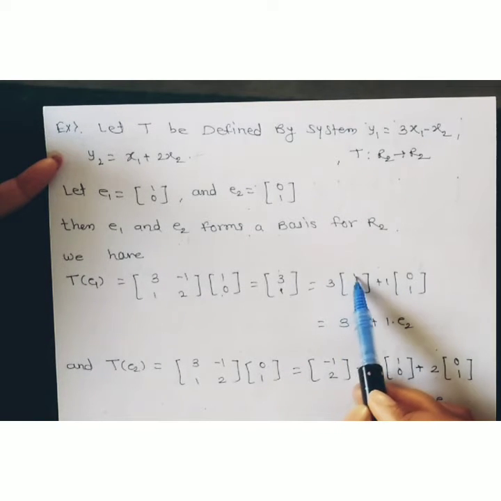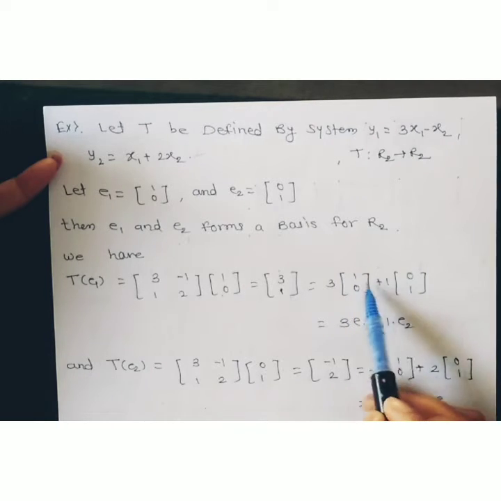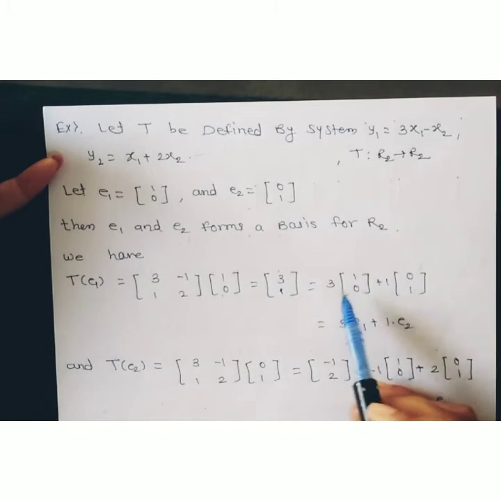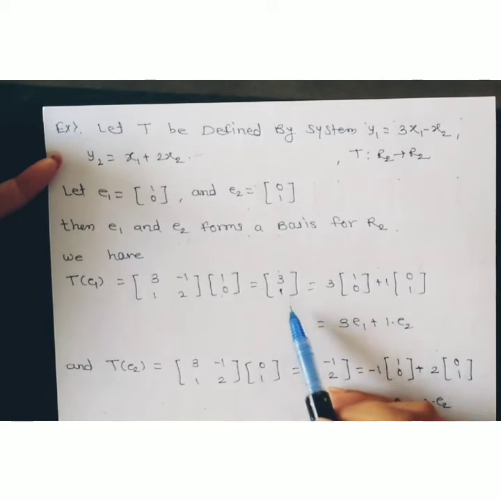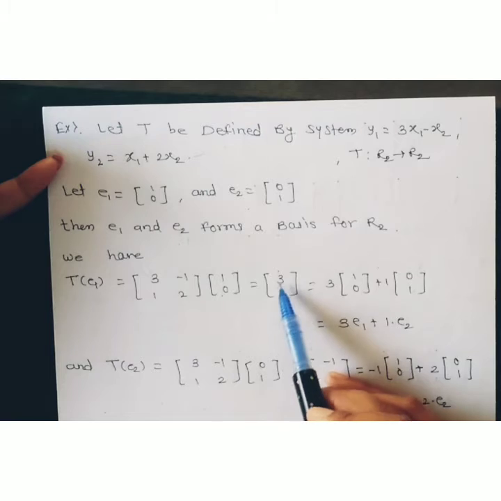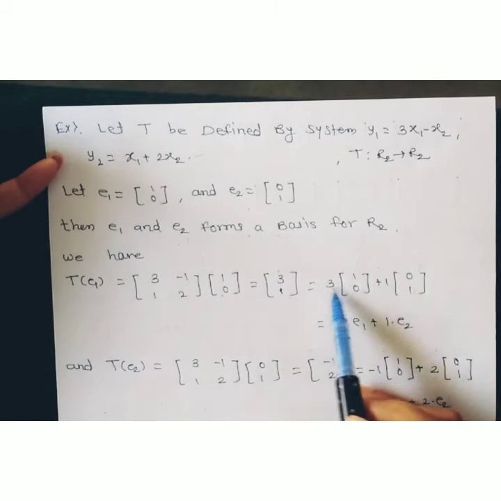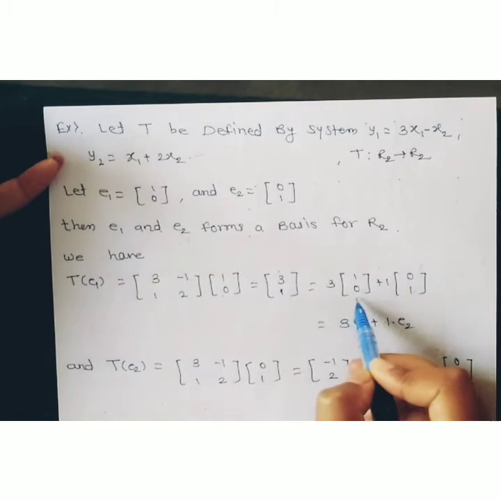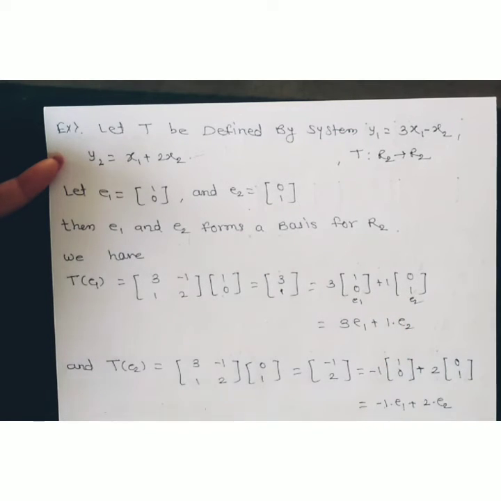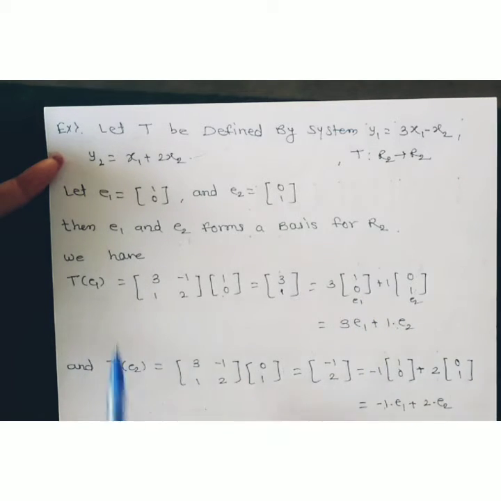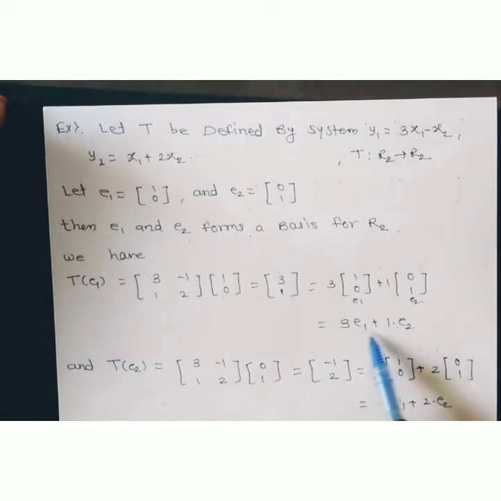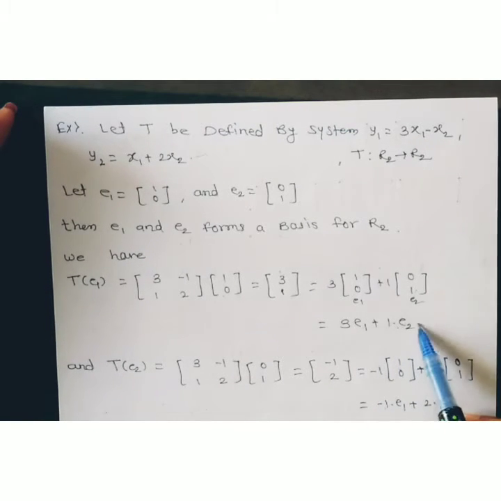This is 3 into 1 plus 1 into 0, which means 3, and 3 into 0 plus 1 into 1, which means the entry is 1. Therefore we express this element as a linear combination of the basis vectors e1 and e2, which is 3 into e1 plus 1 into e2. So T of e1 is expressed as a linear combination of the basis vectors. This is for the first column.